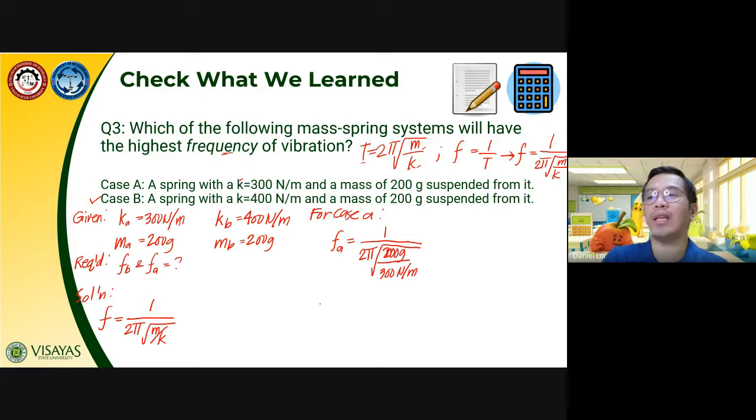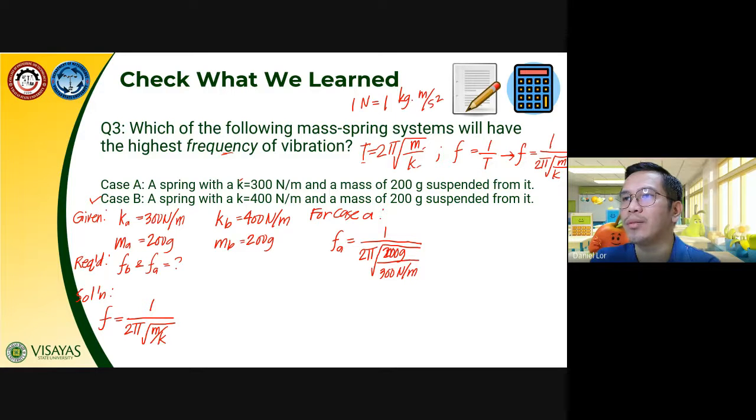Most of the students will get confused and will just divide them directly without considering the units. However, we have already learned that 1 Newton is equal to 1 kilogram times meter per second squared.